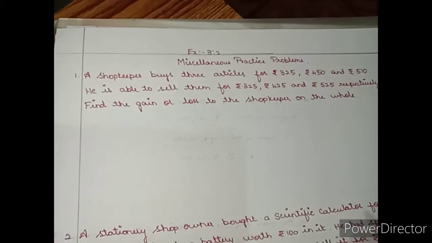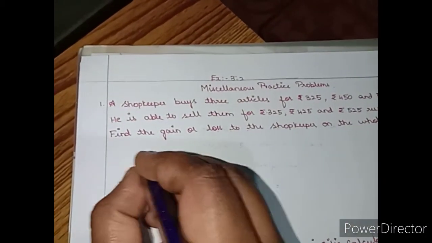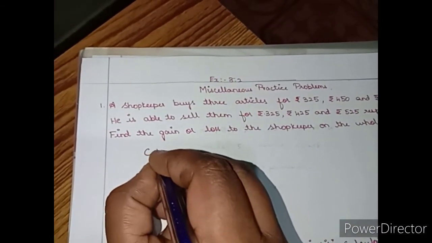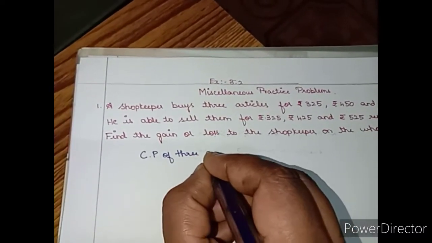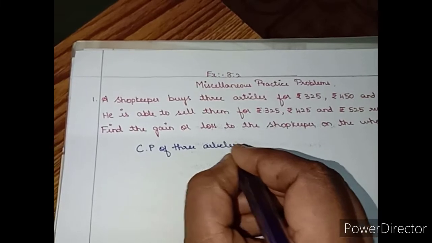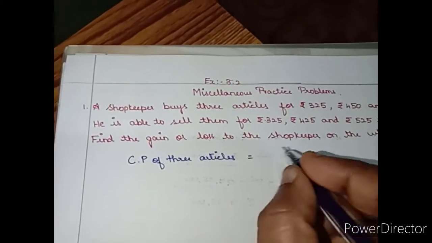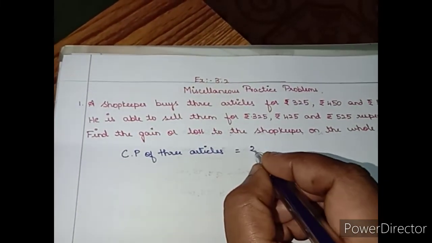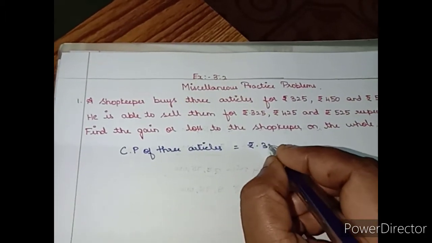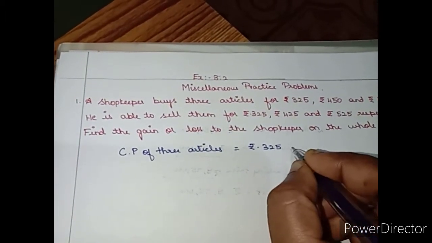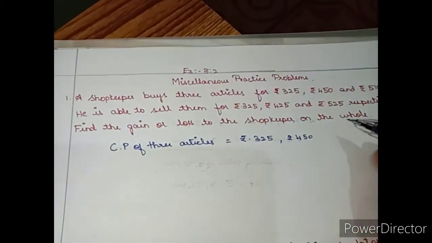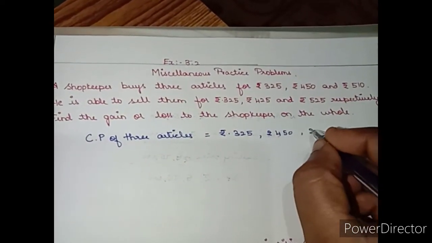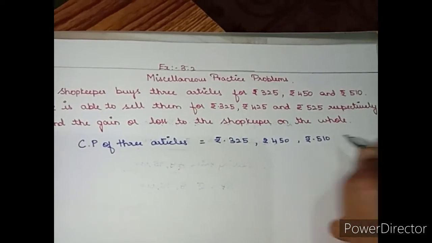Okay. So as I told you, first, CP of 3 articles is rupees 325, 450 and 510.